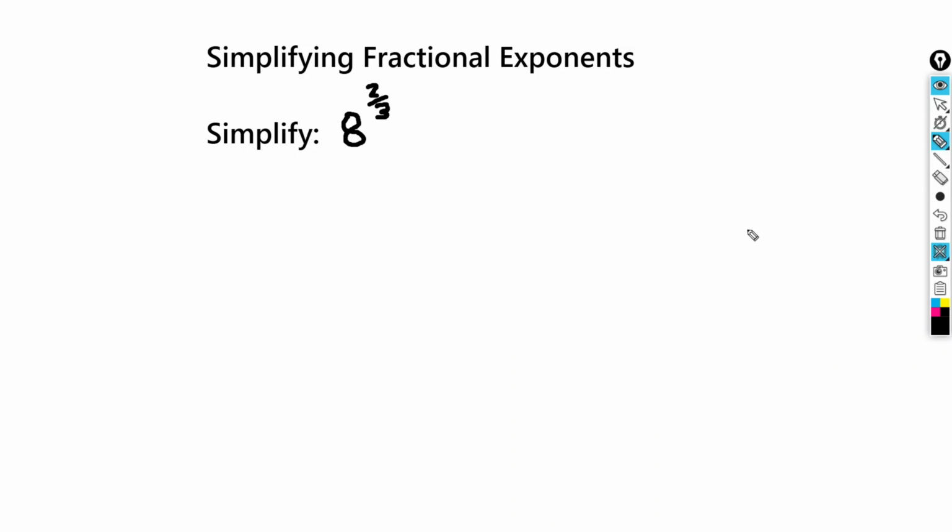All right, in this example, we're going to simplify the exponent 8 to the 2/3 power. This is the same thing as the cube root of 8 squared. So I'm going to write this as the cube root of 8 squared. So that's the same as the cube root of 8 times 8.